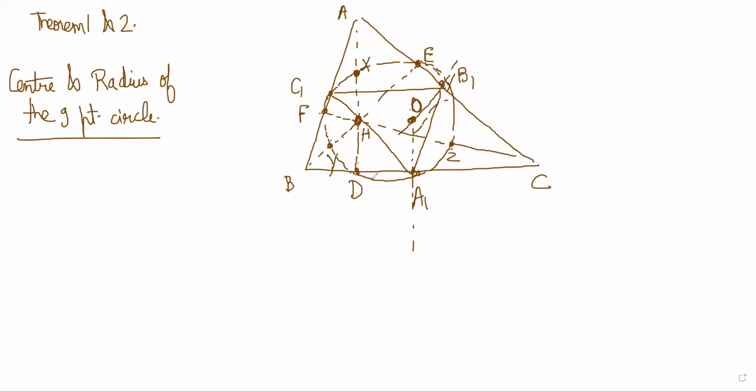and D is the foot of the perpendicular from the altitude. Then you remember we had derived in the previous class that this distance AH is 2 times this distance OA1.